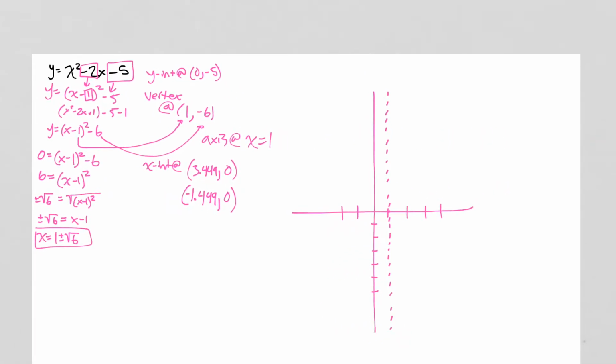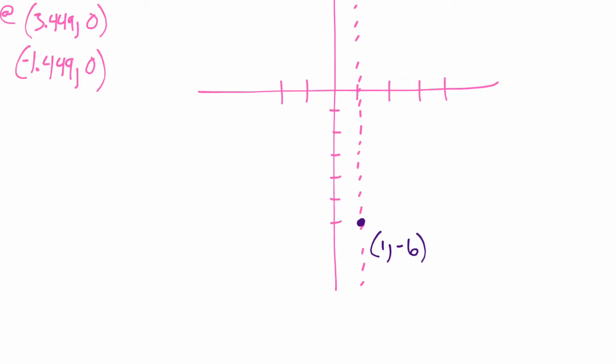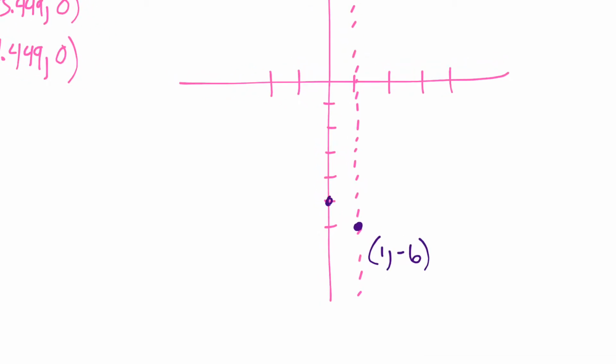Where's our vertex? It was at 1, -6. So that's going to put us right there at 1, -6. Y-intercept right there at 0, -5. Because of the symmetry here, I know I'm going to have a symmetrical point right there at 2, -5, the same distance away from the axis of symmetry.